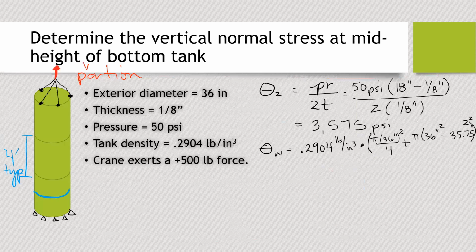Is that the inside diameter? Okay, divided by 4. So that's our area, but I didn't leave any room for the fact that that needs to get multiplied by the height. I think I'm going to have to move that. So plus pi over 4 times 36 squared minus 35.75 squared. Now, that's the cross-sectional area, needs to get multiplied by the height.